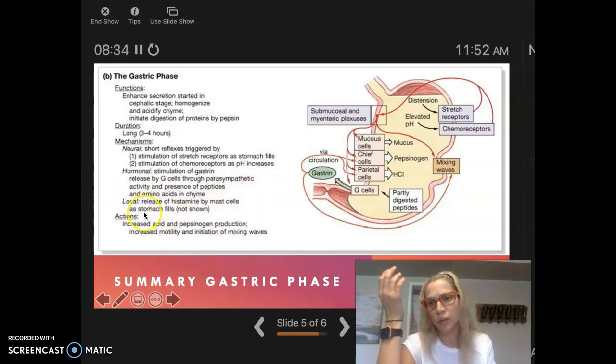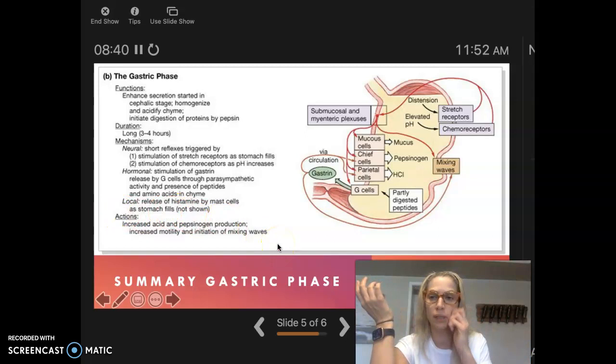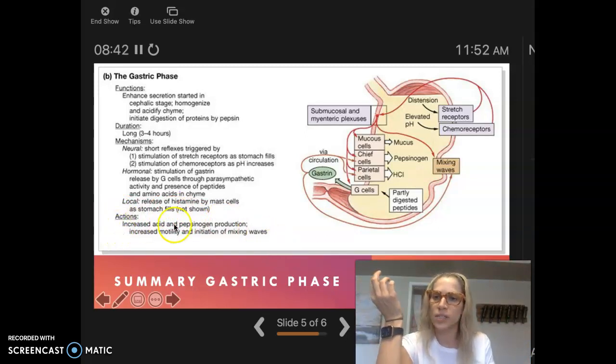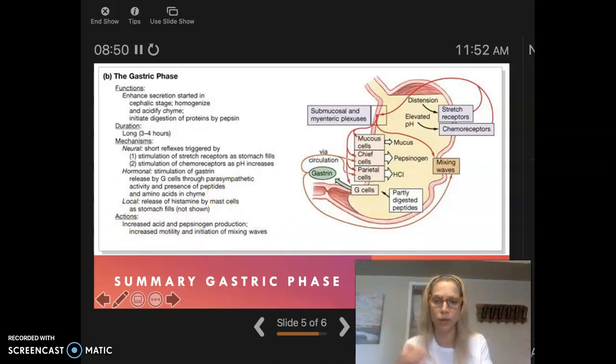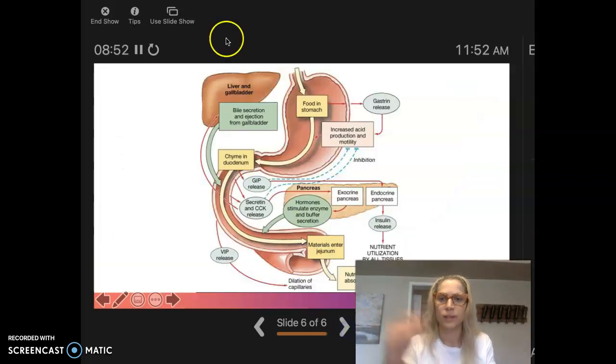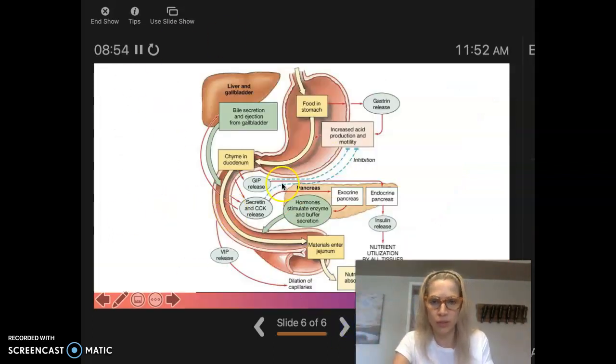And then local release of histamine by the mast cells as the stomach fills, like we just talked about. The actions increase acid and pepsin production and increase motility and initiation of mixing waves to create that chyme that's going to go into the duodenum, into the small intestine, which is the last phase.